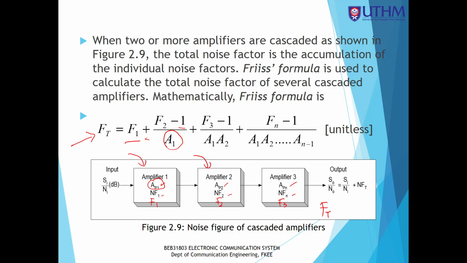And then plus F3, the noise factor due to the third amplifier, minus 1, divided over A1 multiplied by A2. This is the total gain of the first and second amplifier.